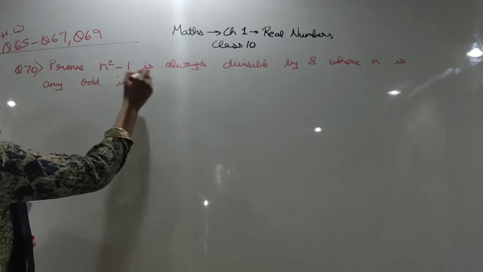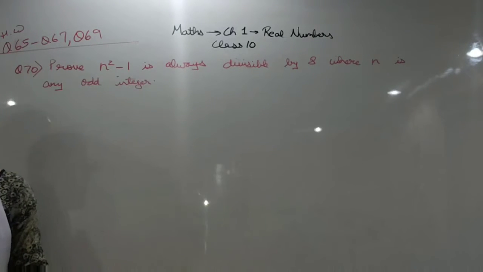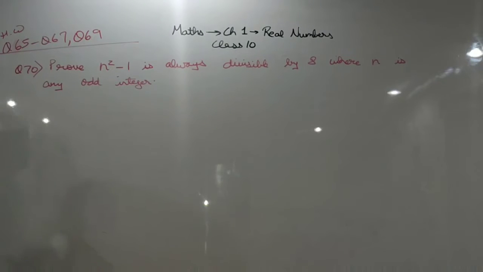What you have to do, students, you have to prove that n square minus 1 is always divisible by 8 where n is any odd integer.